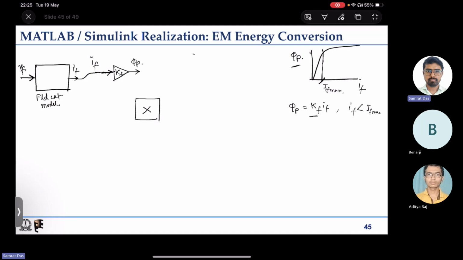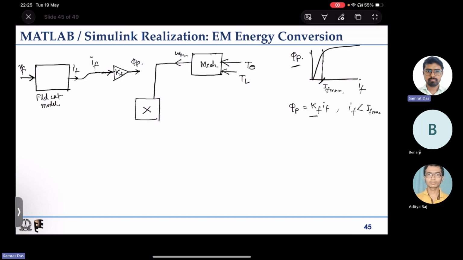Again we have the mechanical system that has the torque as the input, that has the speed as the output, and that also has the load torque as another input, as told, the disturbance input.